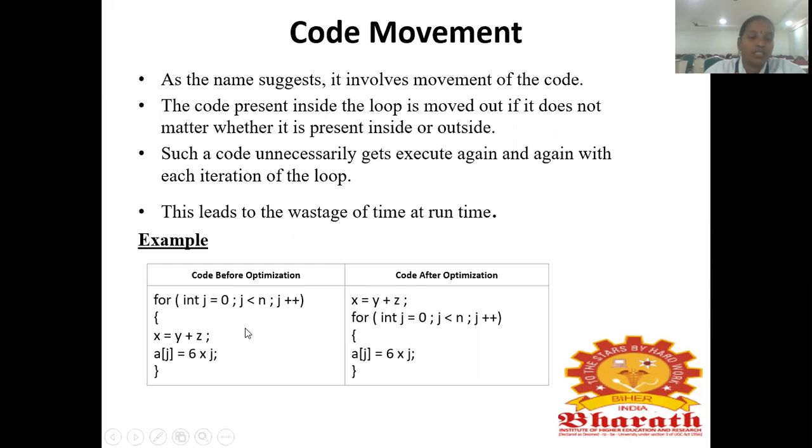Before optimization it cannot be used because it is declared only for itself, local to the loop. But here it is a global declaration, so any user can access the values of x, y and z. That is the code before and after optimization.